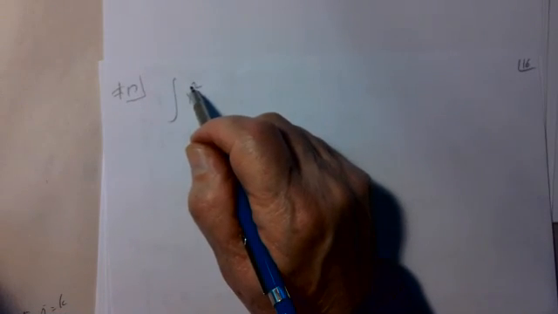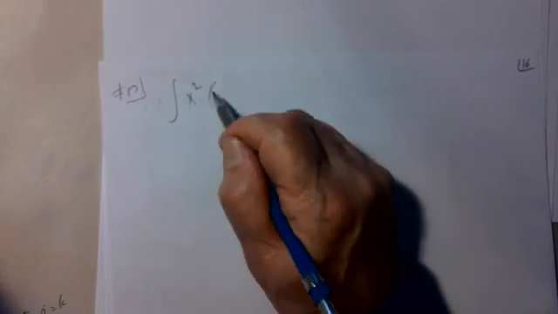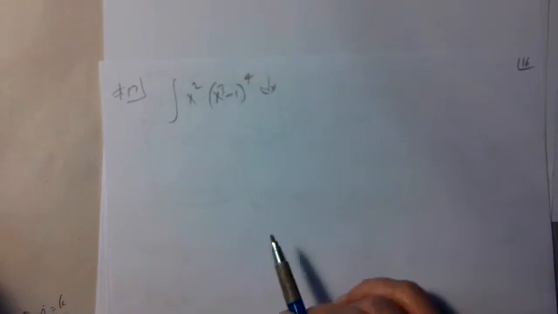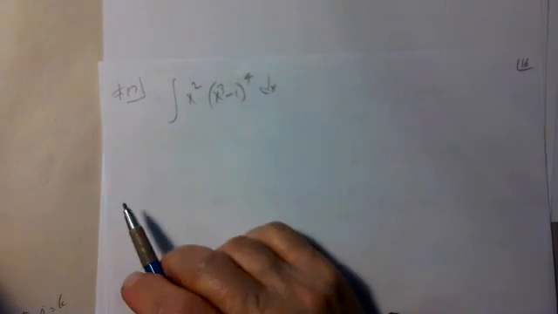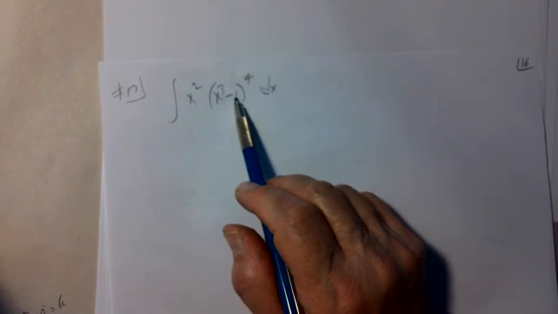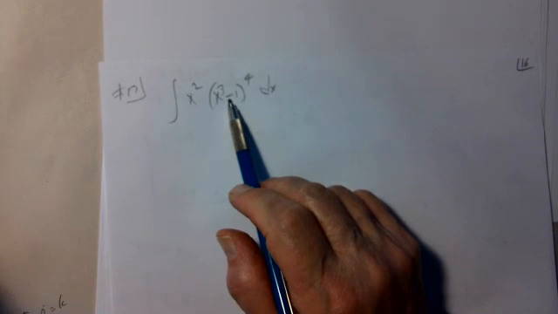So here's another example. In the homework, this is number 17. This is the integral of x squared, x cubed minus 1 to the 4th dx. Now you know that the derivative of x cubed minus 1 is 3x squared.